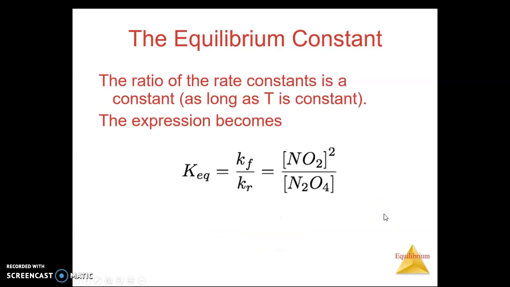Interesting. Now, the ratio of the rate constants must be a constant as long as the temperature is constant. So we simply make this happen. We divide the forward by the reverse K, and we get a big K, K equilibrium. The K of equilibrium is the ratio of the products to their coefficient power divided by the reactants, there's only one here, to its coefficient power.